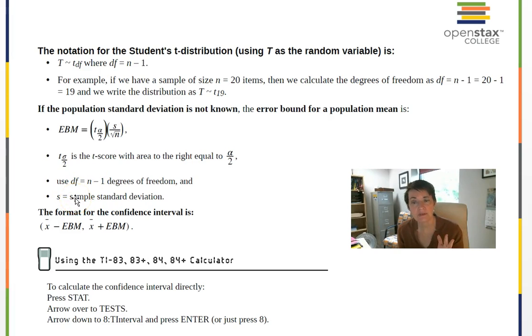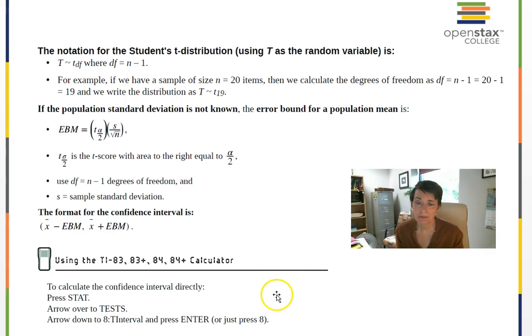This is really just lots of definitions right here. The format for the confidence interval then is our X bar, that's our mean of our sample. We can easily get that, right? Add them up, divide by the number in the sample. So X bar minus that error or plus that error, right? We're adding it or subtracting it, so we're getting this confidence interval, that idea.